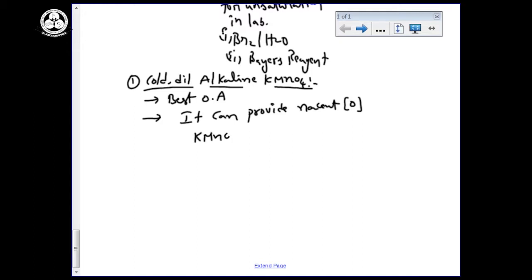Whenever KMnO4 is dissolved in water, it becomes 2 moles of KOH plus manganese dioxide, MnO2, plus 3 nascent oxygens, which it can release.